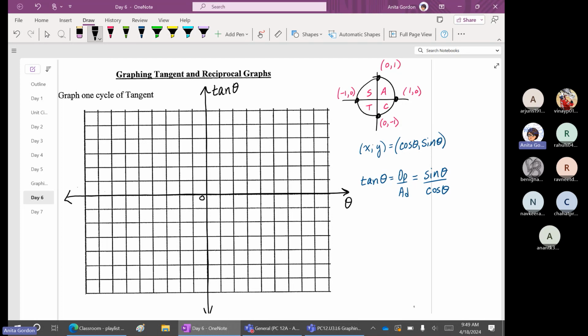Let's do two boxes on the circle. Let's go by pi by 4, every 2 boxes.